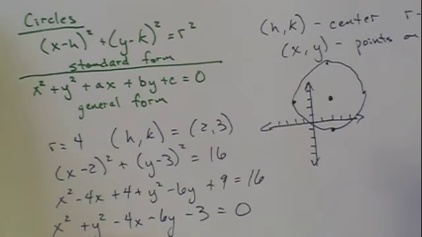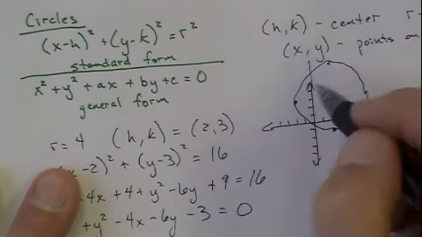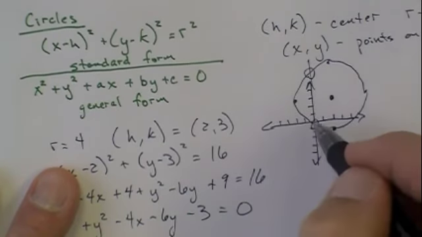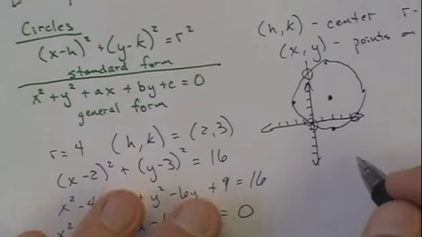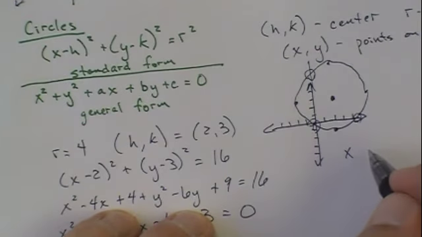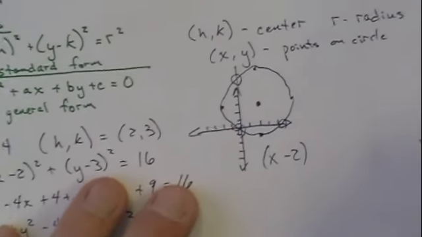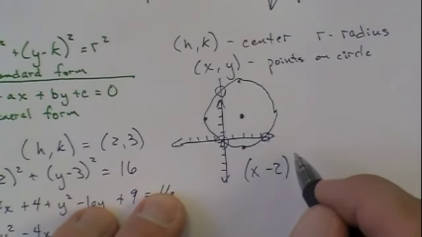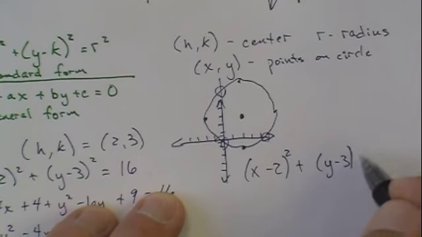Nice pretty circle. And if we wanted to extend this, we can find these x and y intercepts. If we go back to our standard form of x minus 2 squared plus y minus 3 squared equals 16.